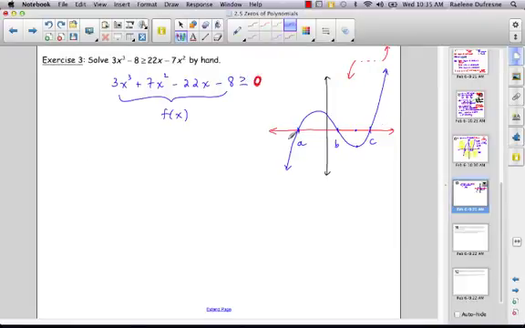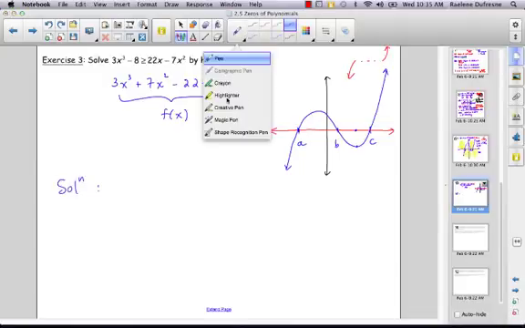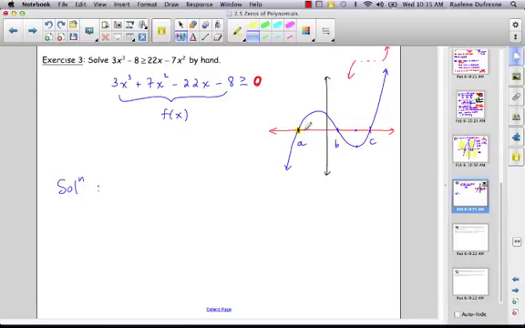So if this is the case, our solution would be where the graph in blue lies on or above the x-axis, which would be the highlighted portions of the blue graph. Similarly, we are saying we want the x-axis to lie on or below the blue graph, which would be here or here.